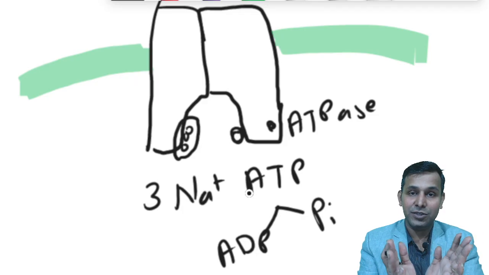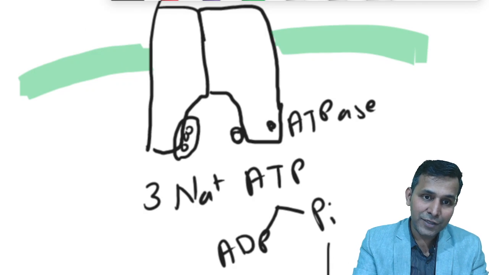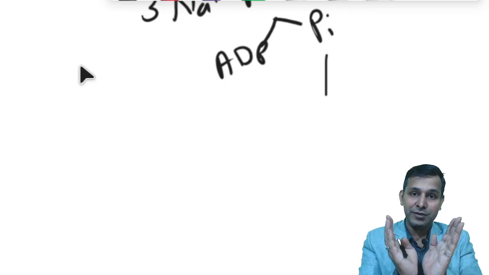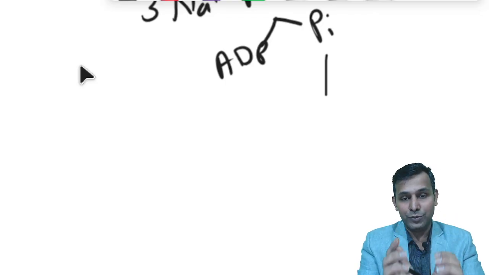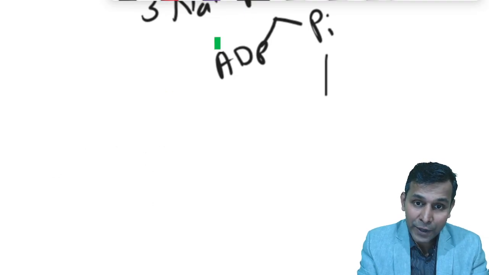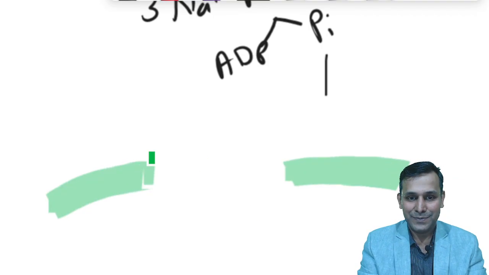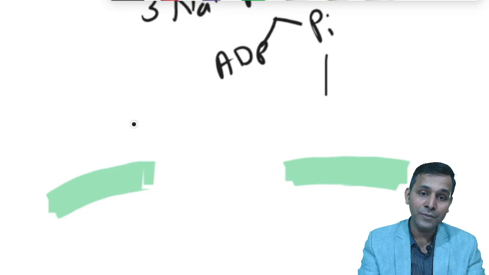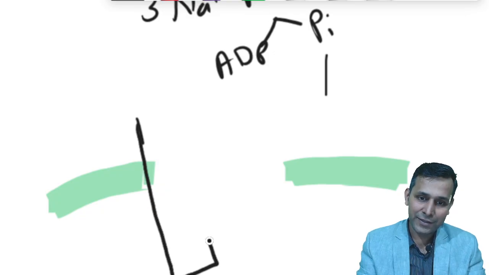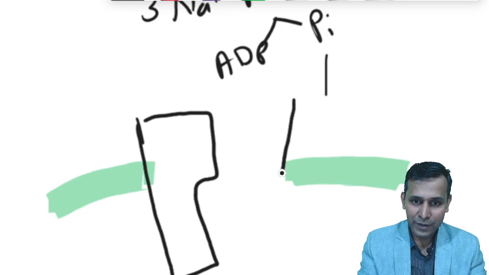It changes structural conformation, and by changing its structure, this transporter goes from its initial state to state 2, and in that state it is now open from outside but closed from inside. So it will be something like this, where it is now open from outside but closed from inside.